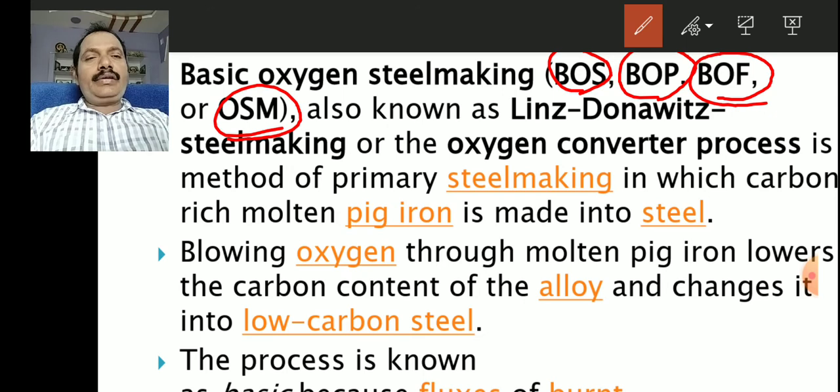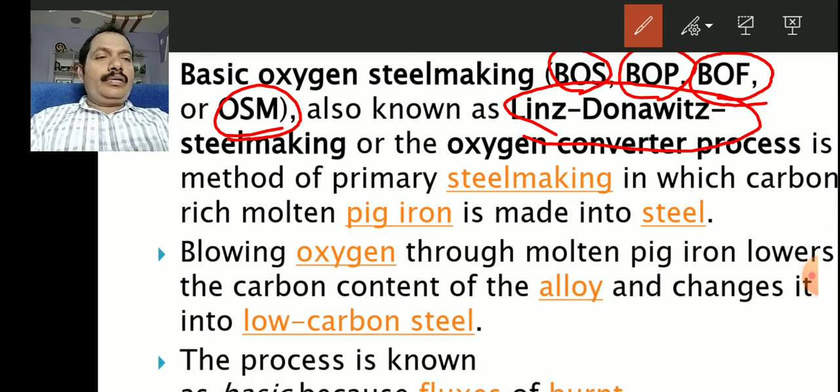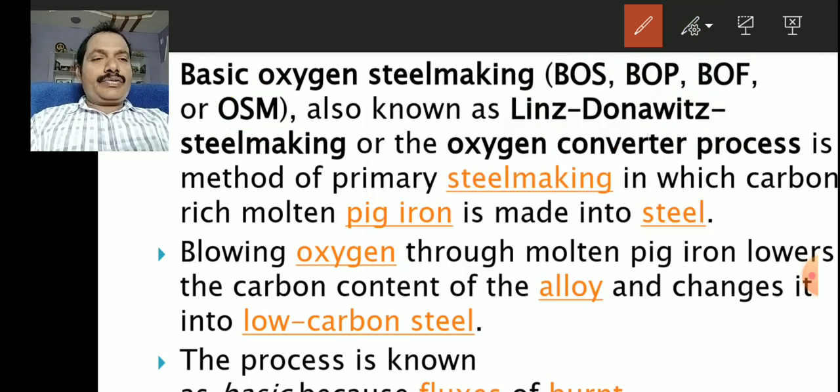Oxygen steel making, and Linz-Donawitz steel making, because he invented this process. So using these methods, which is one, two, three, four, five names, you can call it by five names, and this is the basic converter which will convert the pig iron into the required steel.